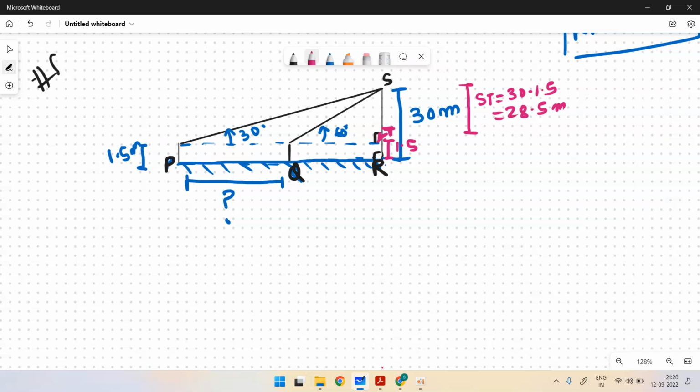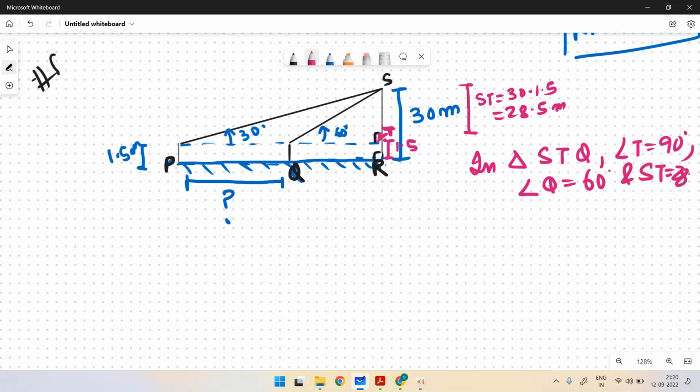Now first see the triangle. In triangle STQ, angle T is 90 degrees, angle Q is 60 degrees, and ST is 28.5 meters. So this is my horizontal distance, and I need to calculate it.